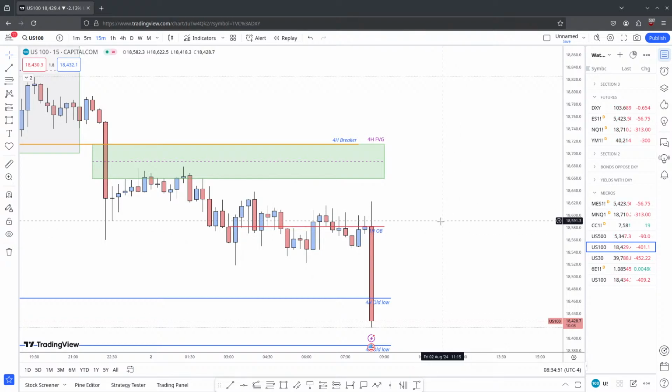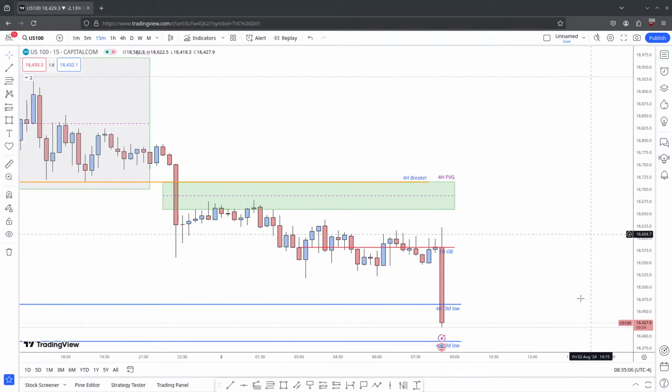That would fall into place with the classic Friday close back inside of the weekly range. Although it would be against the seasonal tendency as well as the daily higher time frame directional bias that we came to.